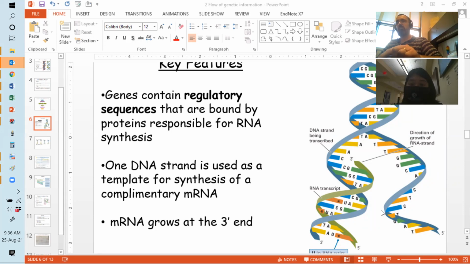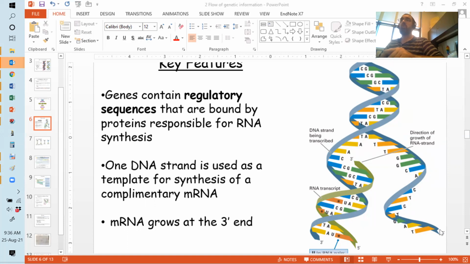So in this diagram, the information that's being copied is the one on this strand, right? So the strand over on the right is the coding strand. And so this is something that we'll come back to too. The one on the left, the one that actually has the RNA transcript kind of stuck to it, is the one that's being used to copy the coding strand.